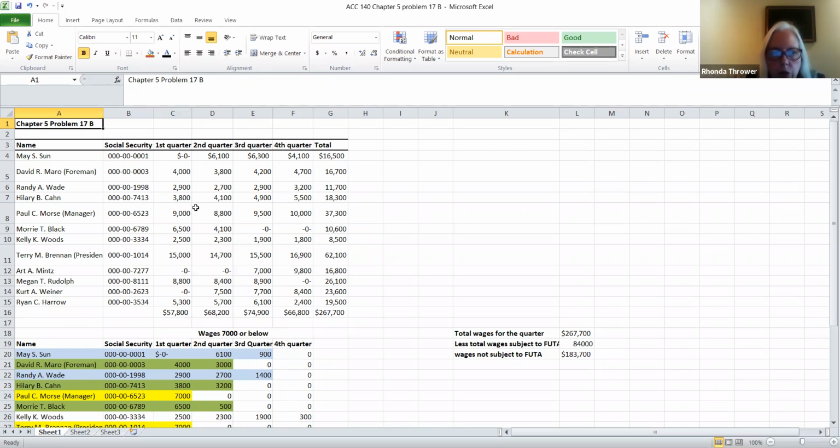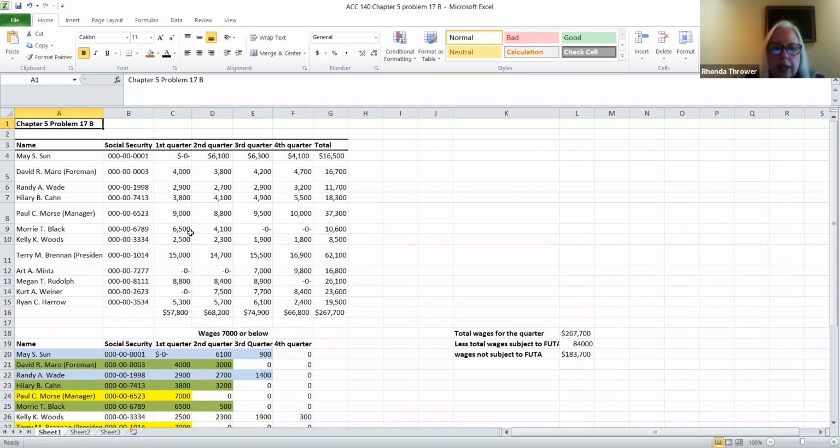And then we're going to do the same thing for this one. So $3,800, all of that's taxable in the first quarter. The difference between $7,000 and $3,800 means that $3,200 is taxable in the second quarter for Conn. For Morose, all $7,000 was taxable in the first quarter because they earned more wages. Only $7,000 is taxable for FUTA purposes.